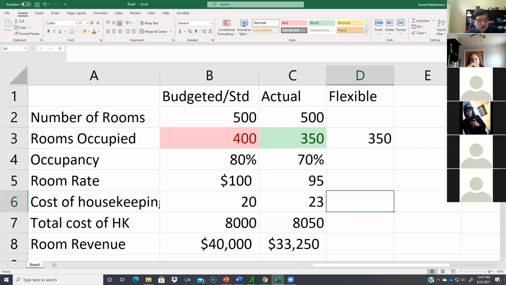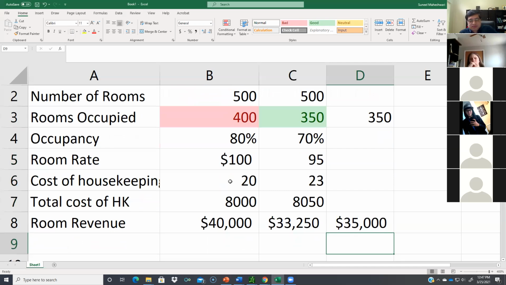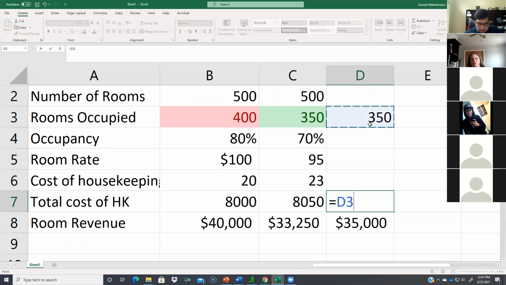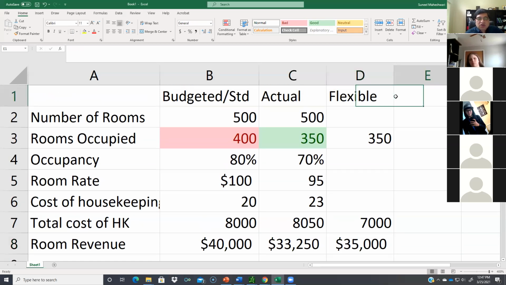So in this case, your revenue would be 350 times 100. Same thing here for your cost. It should be 350 times the budgeted cost. So this is the budget for the actual level of activity.